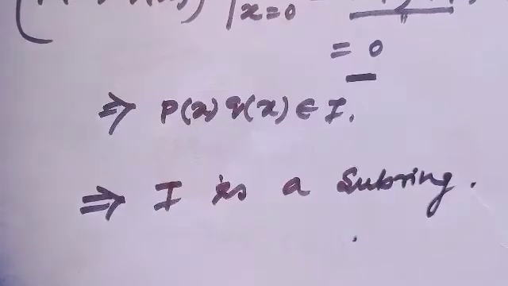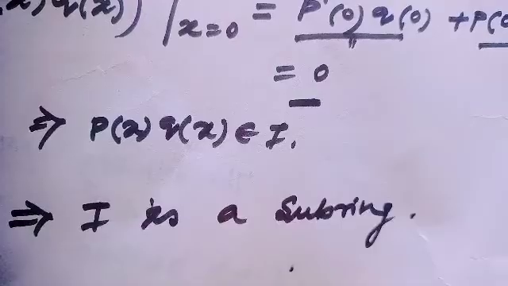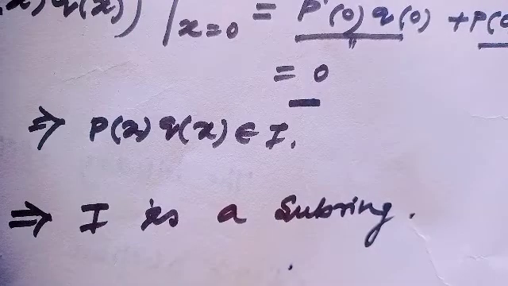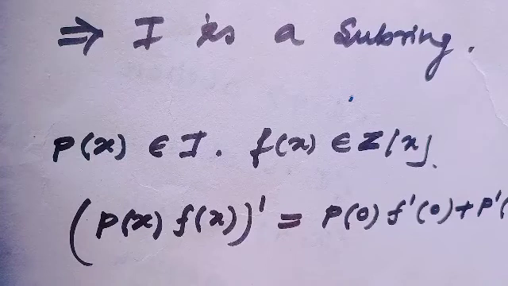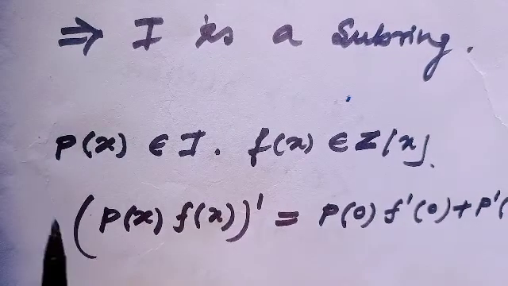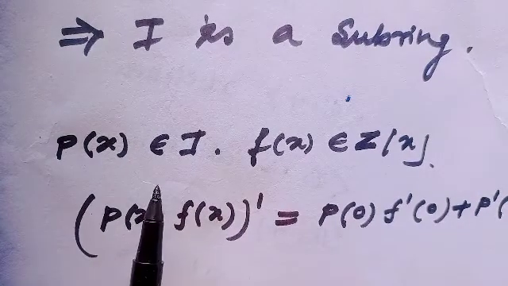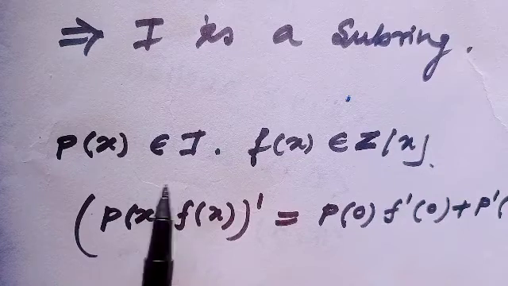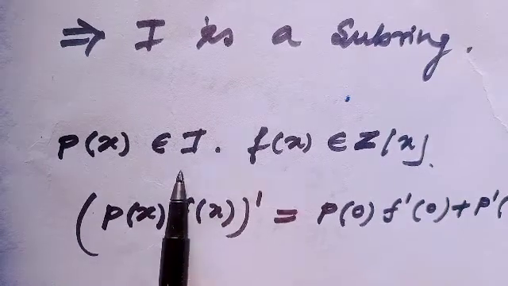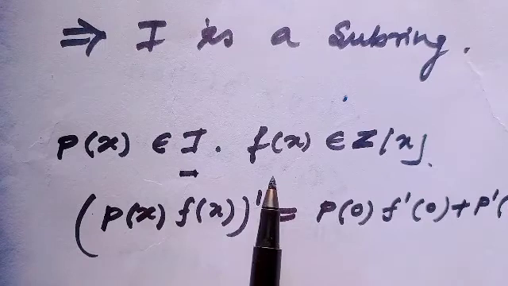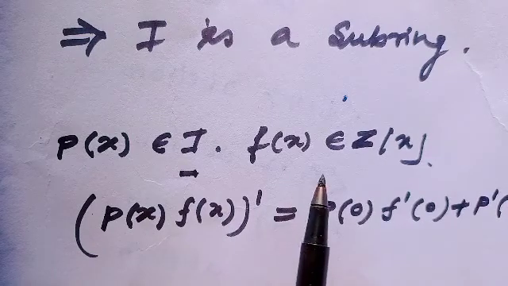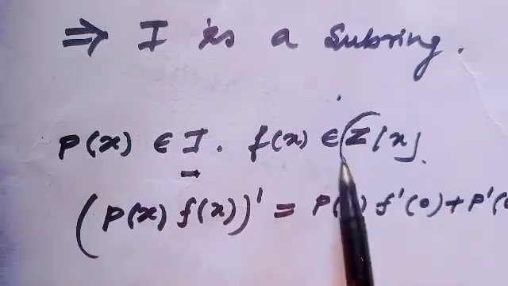Now we have to check ideal. I is a subring. Now we have to check our final category of the ideal test. Consider p(x) to be any polynomial from the set capital I, and consider an arbitrary polynomial f(x) in Z[x].